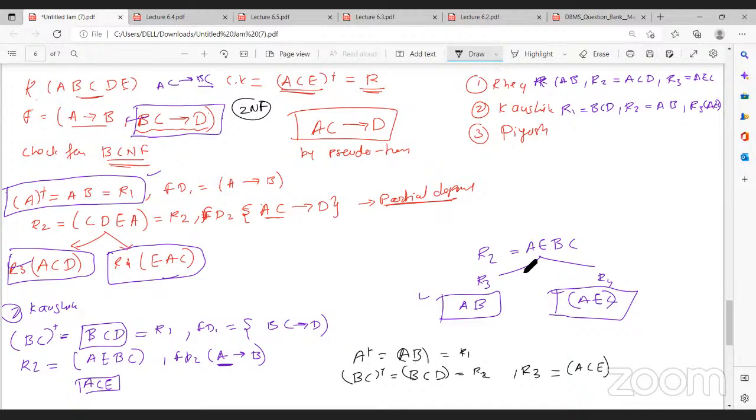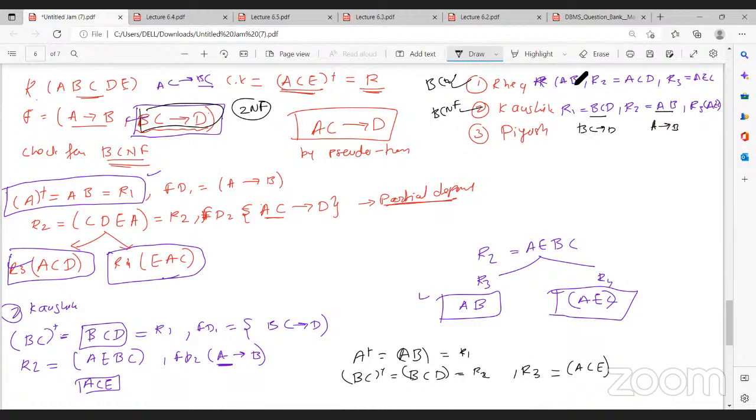Now if you observe, R1, R2, R3 is lossless and also dependency preserving. And I am getting the same as what Kaushik got, BCD, AB, ACE. Now what I want to say is that these two are the possible BCNF decompositions. This is also BCNF and this is also BCNF. But whether my functional dependency BC determines D is preserved: in the second case BCD is preserved and AB is also preserved.